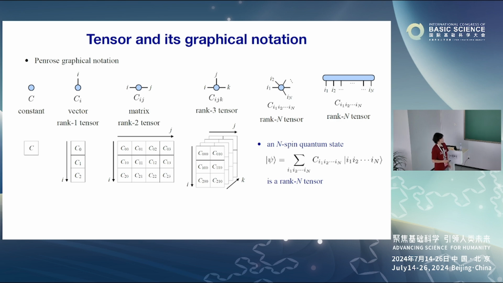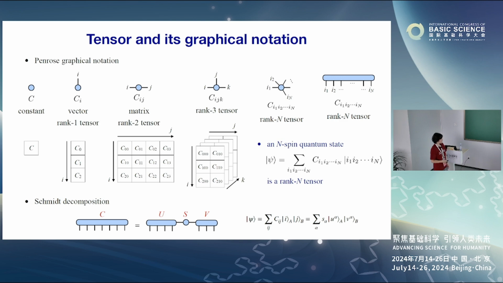And for a quantum state, if you have an n-spin quantum state, the coefficient function is like this. So this C has n indices, and then we can draw the picture like this with n legs. So this is a graphical notation for the wave function.